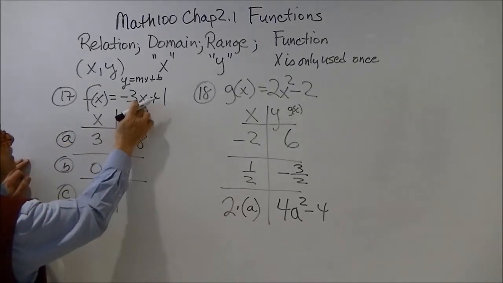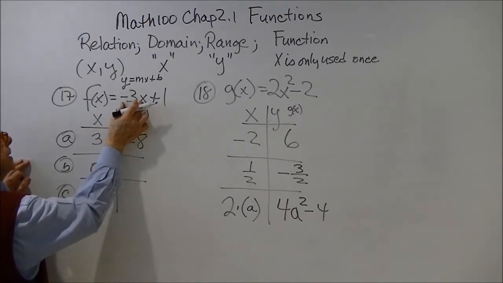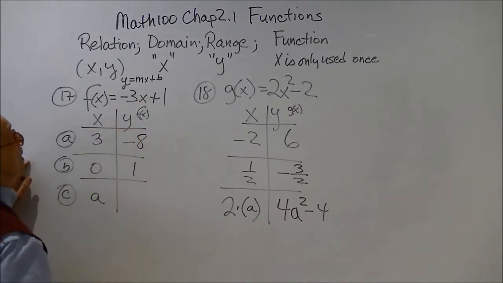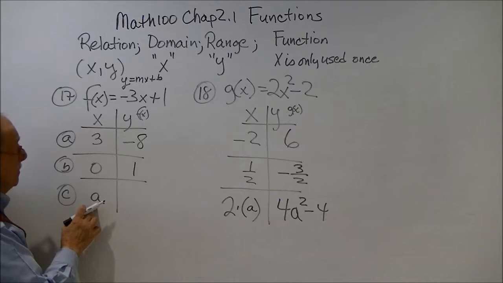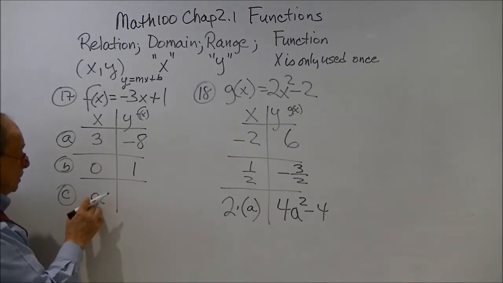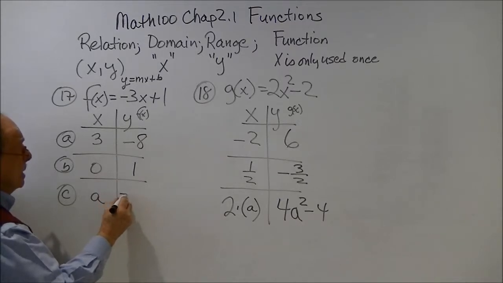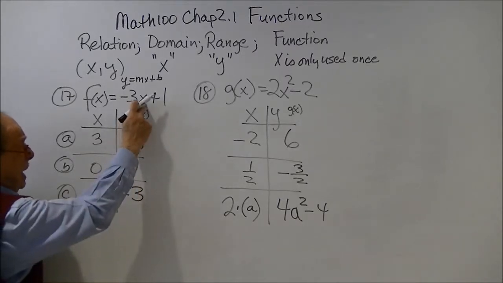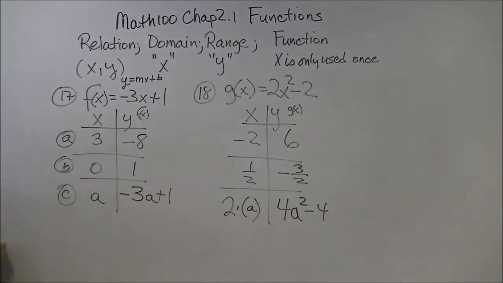If x is 0, then negative 3 times 0 is 0, and this becomes a 1. And then every once in a while they'll put a challenge in there. They want x to be a. Well, all you do is replace the x with the a. So this is going to become negative 3 times a, plus 1. Now our x is a. And that's the answers.